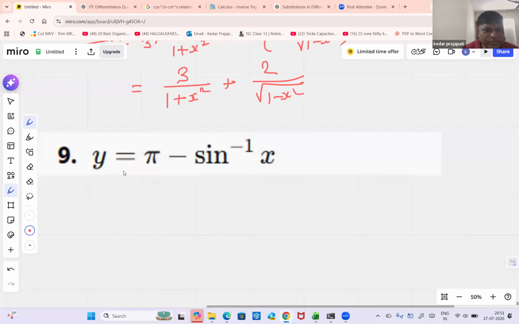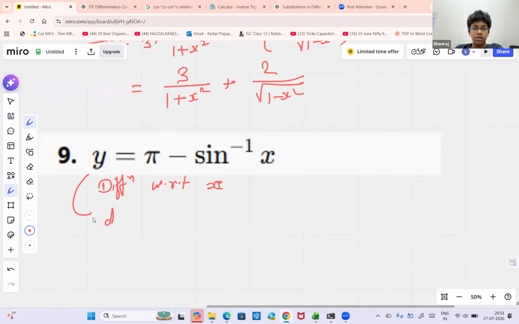So differentiate with respect to x. Can you please tell me how will you come? Y will become differentiation. Dy by dx.